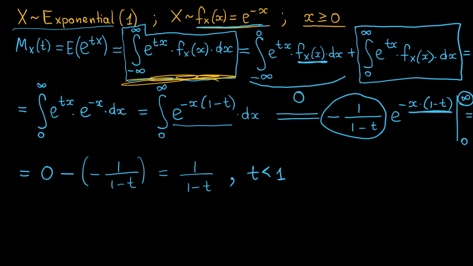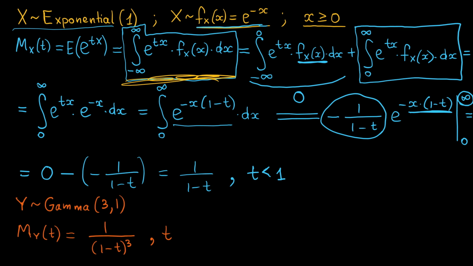And let me just point out one other thing, that if we had a random variable y with the gamma 3, 1 distribution, we could go through the exact same process of deriving the moment generating function, and we would see that the moment generating function of this random variable y as a function of t is equal to 1 over 1 minus t to the third power for t also strictly less than 1.